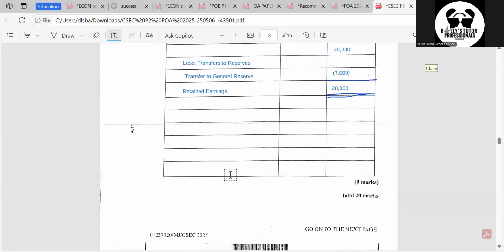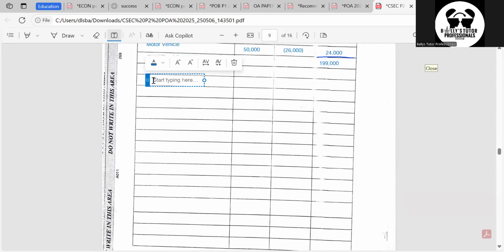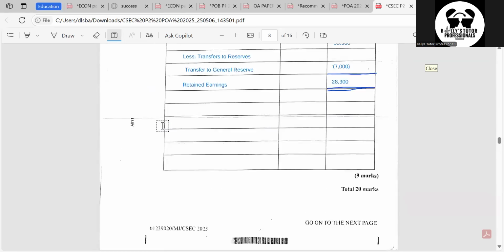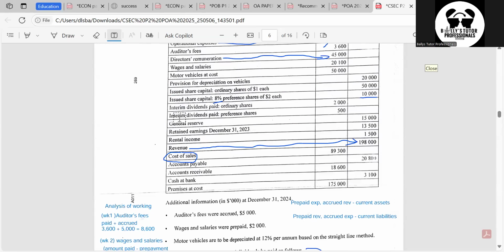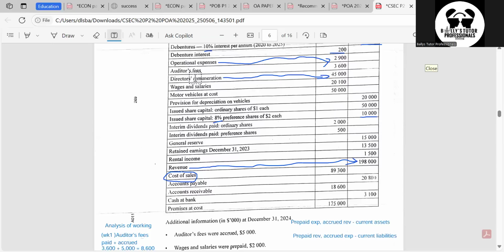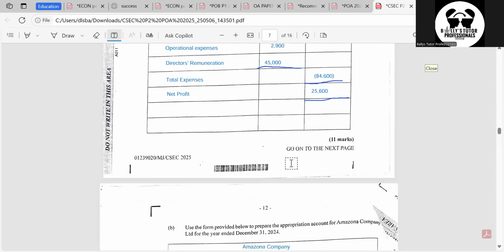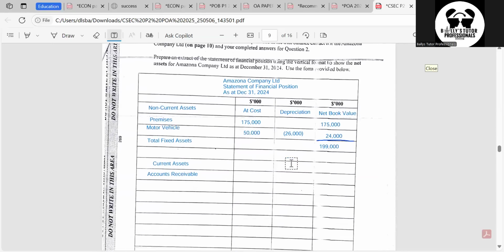So we put in our accounts receivable first. And for the accounts receivable, there was no provision for doubtful debts in this question. So we have nothing to subtract from it. So we're just going to record the 18,600.